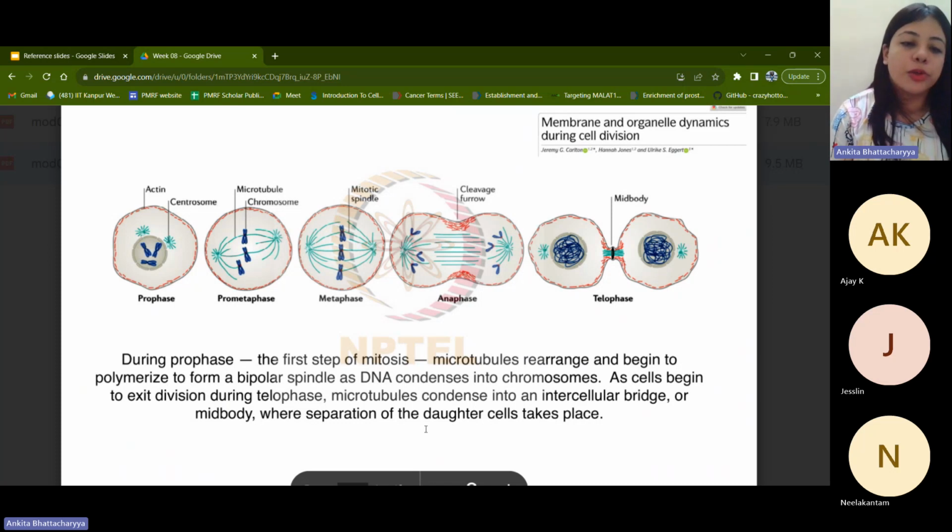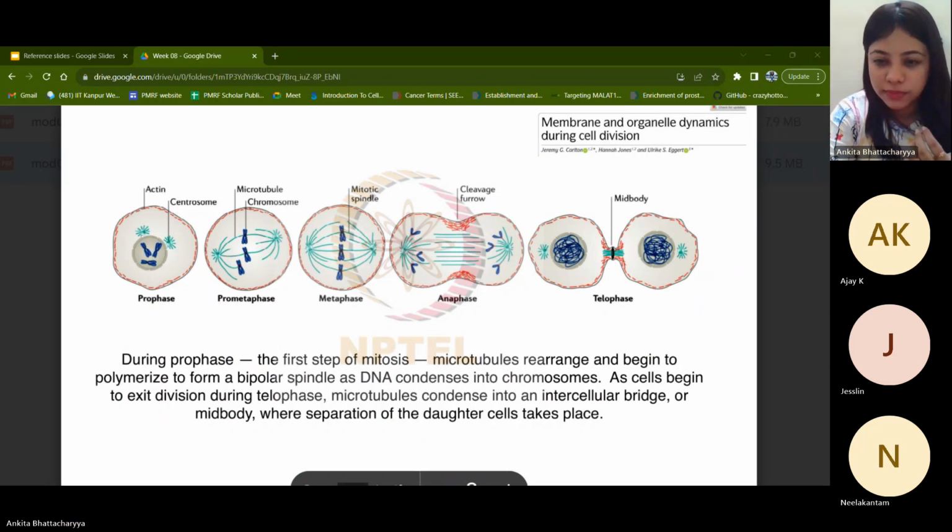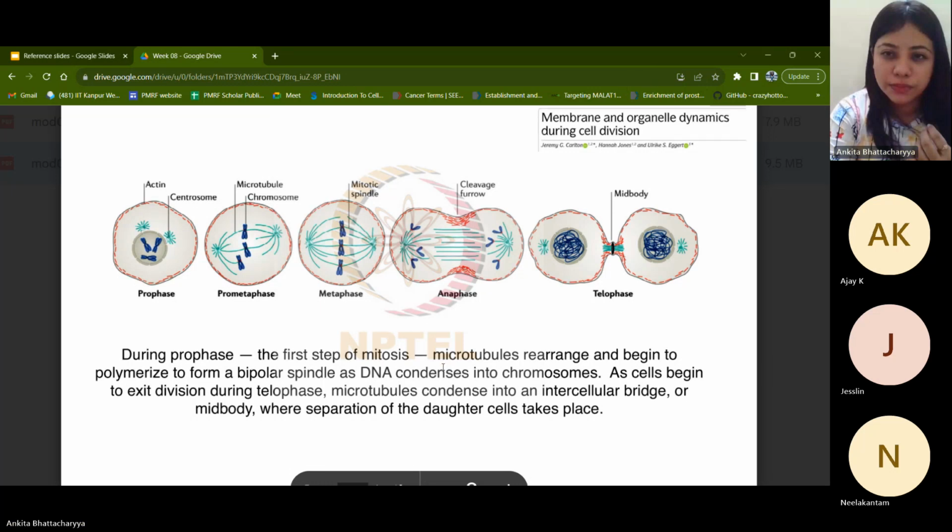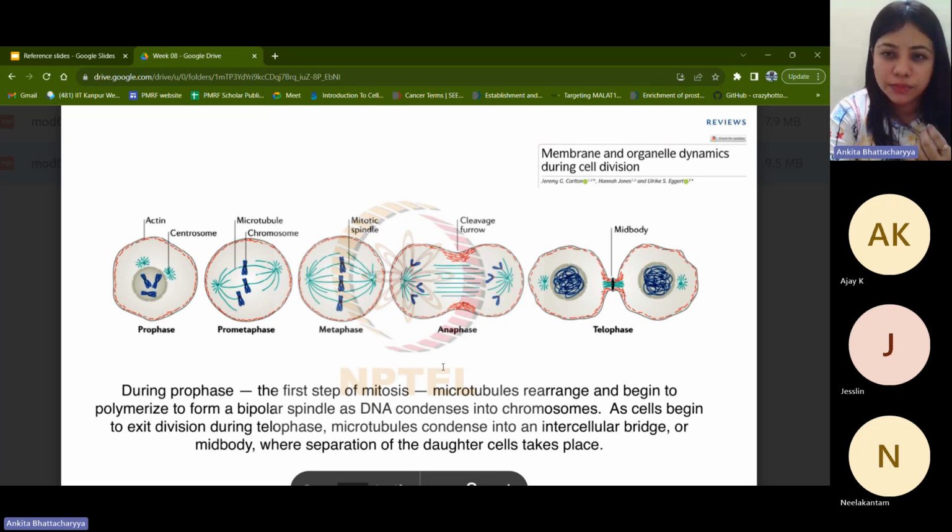So during prophase, the first step of mitosis, the microtubules rearrange and they're forming the spindle. Also, DNA is condensing into chromosomes.